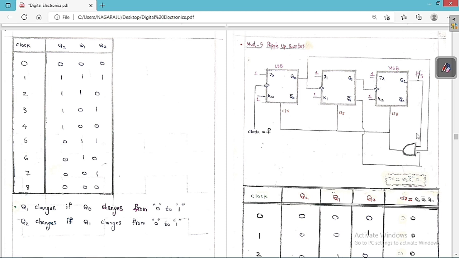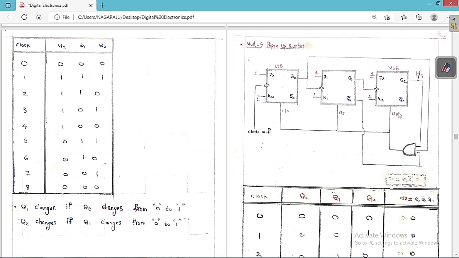So 1, 0, 1 can simply be written as Q2, Q1 bar, Q0. We have taken these and kept an AND gate. This output we give to the clear input. This is called the clear signal, so we give the clear signal.